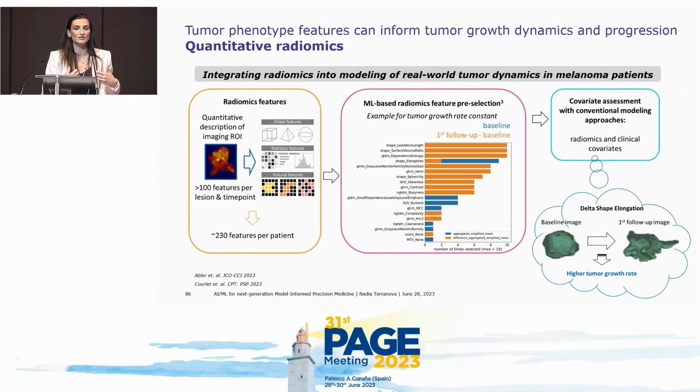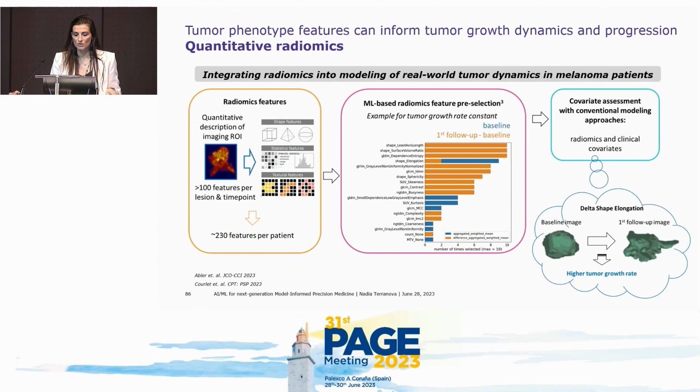And you understand that bringing these directly into our models may not make sense. It also may come with some collinearities and redundancy. And here it was quite nice to see that machine learning could provide a pre-selection of features of interest, or important features that then could be assessed with more conventional modeling approaches together with the clinical covariates.